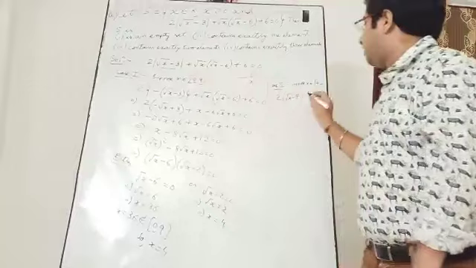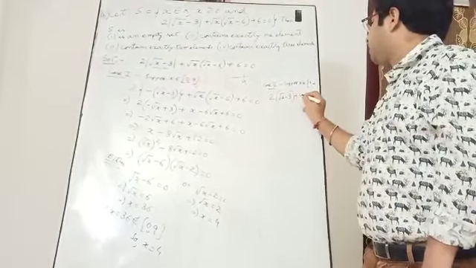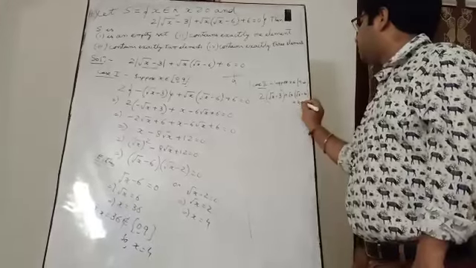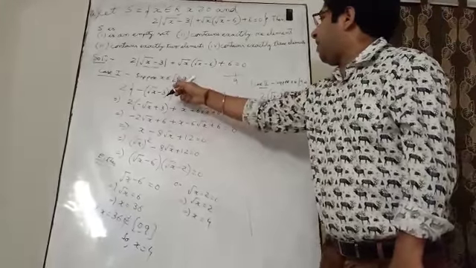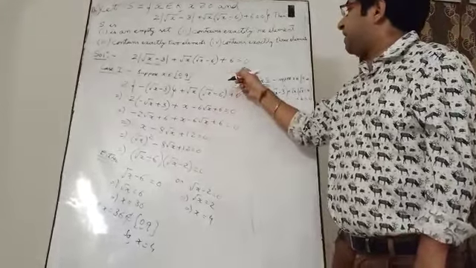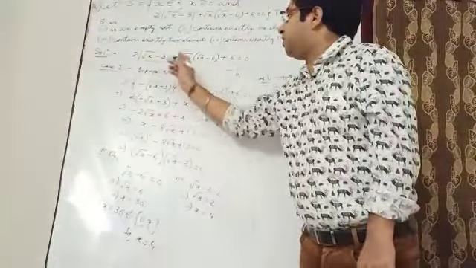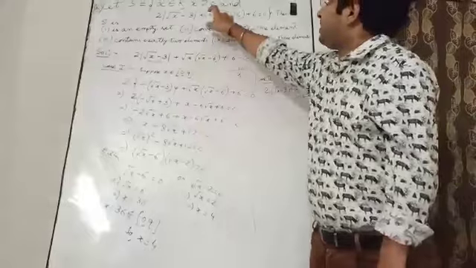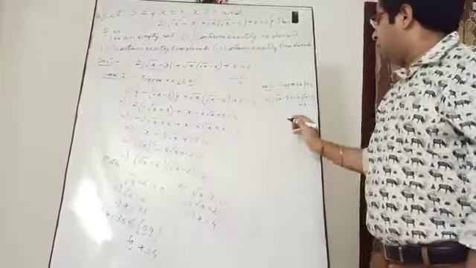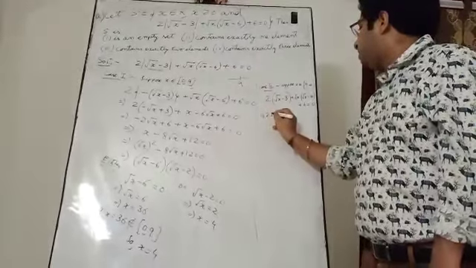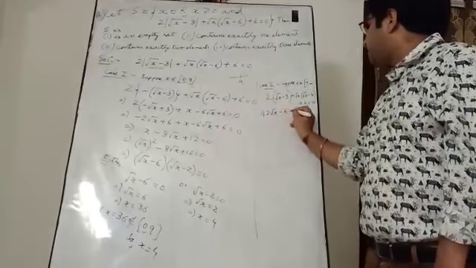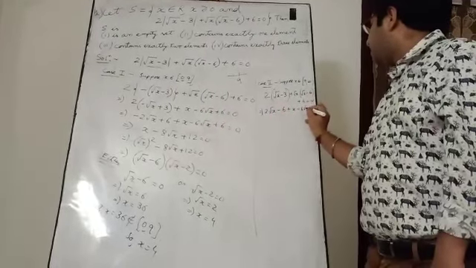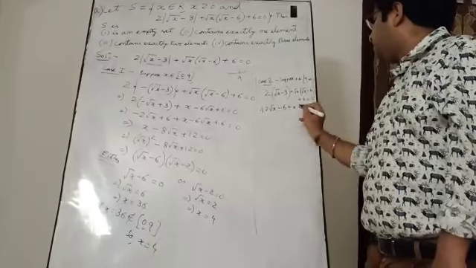So 2 into this one, then plus root x into (root x minus 6) plus 6 equal to 0. So main thing is this. Why I have taken this one? Because at the point 9, this will become 0. So take from 0 to 9, another case from 9 to infinity. Why from 0? Because x is greater than or equal to 0. Okay? So do some calculation. 2 root x minus 6 plus root x into root x minus 6 root x plus 6 equal to 0.